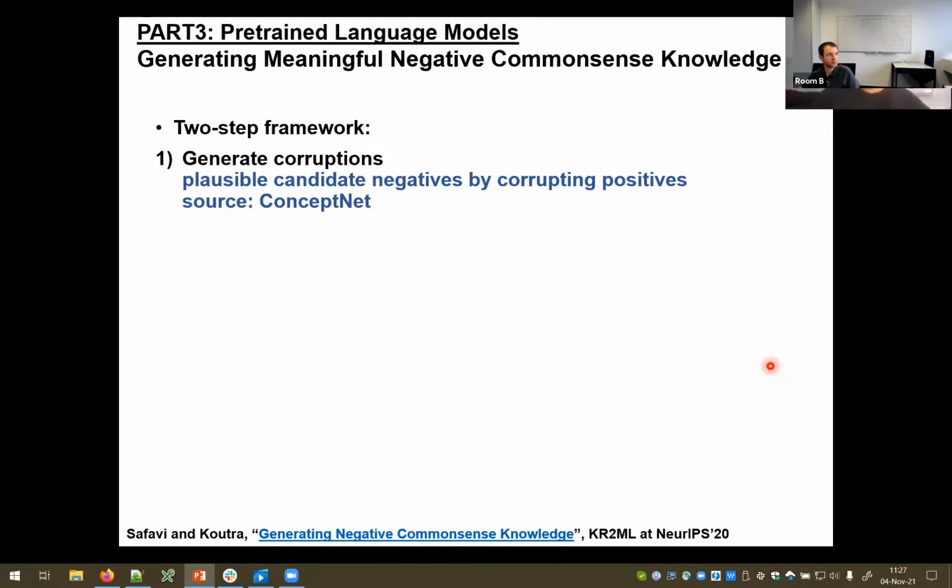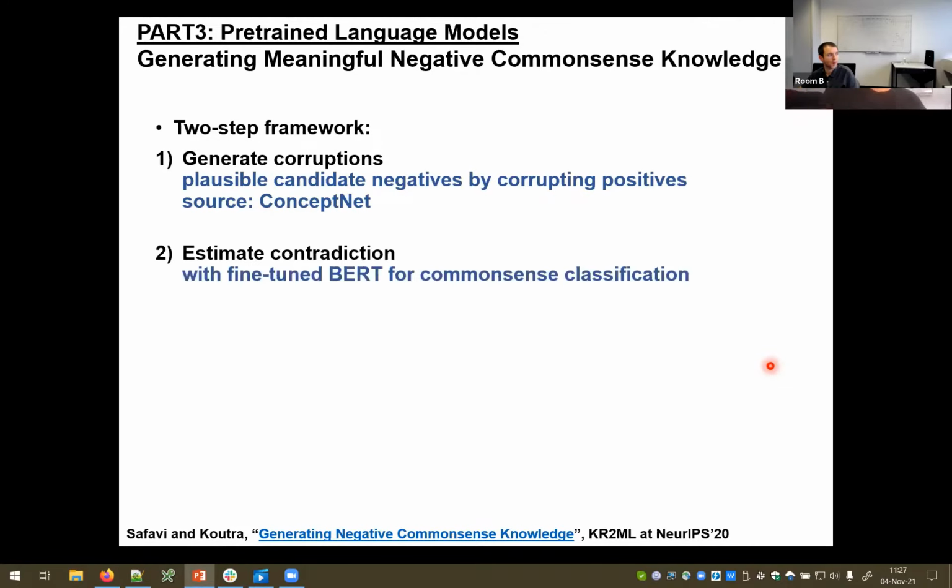And the source in this case is not Wikidata or a general-purpose source, because it's commonsense, it's ConceptNet. And the second step would be to estimate the contradiction between what you just corrupted and the truth. In this case, you would use a fine-tuned pre-trained language model like BERT for commonsense classification and see how far your corrupted statement is from the truth.